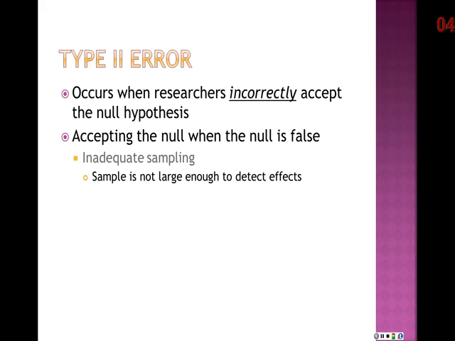And this is oftentimes due to inadequate sampling. So there is an effect, but the sample size is so small that the effects cannot be detected. So it doesn't look like there's a significant difference. It doesn't meet that critical value, a z-score of 1.65.